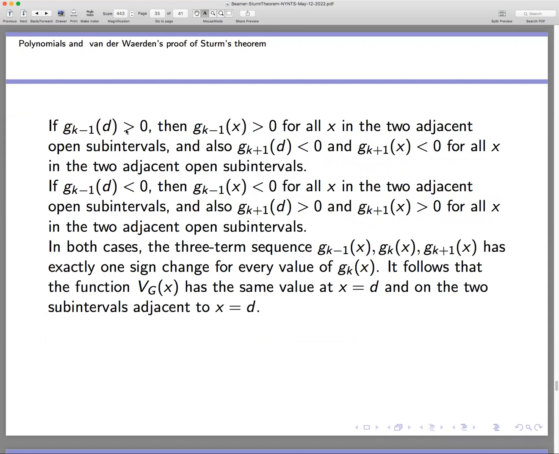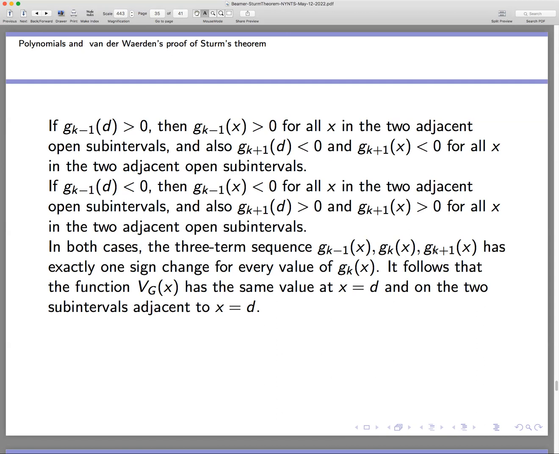So let's say G_{k-1} is positive. So G_{k-1} of x is positive for all x in the adjacent subintervals. And then G_{k+1} is negative at d, so it's negative in the two adjacent subintervals. And there's a remark that I made last week, and I'll make it again.